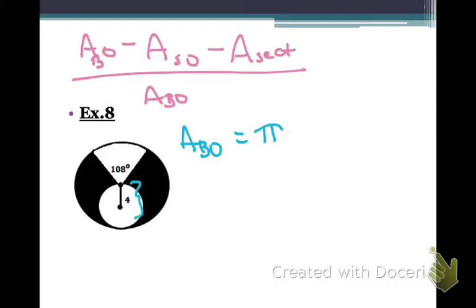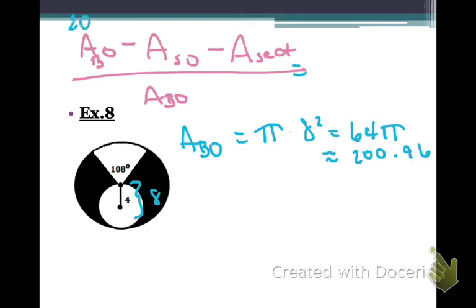So this whole thing would be half of the other circle. So it's 8 squared, which gives me a 64 pi, which is about 200.96. All right.